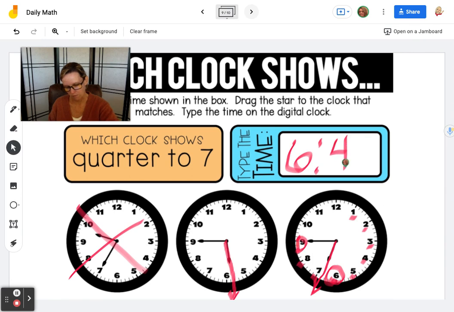It's 6:45, which means it's a quarter to, because it's a quarter to 7 o'clock. All right, I hope this helps you to understand your quarter to, your half past, and your quarter past the hour.